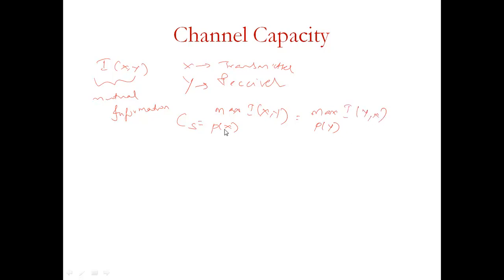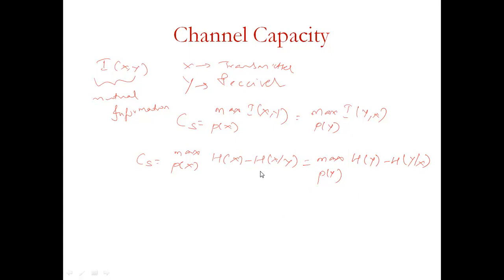We can use either one. We already know that I of x comma y is H of x minus H of x given y, whereas I of y comma x can also be defined as H of y minus H of y given x.